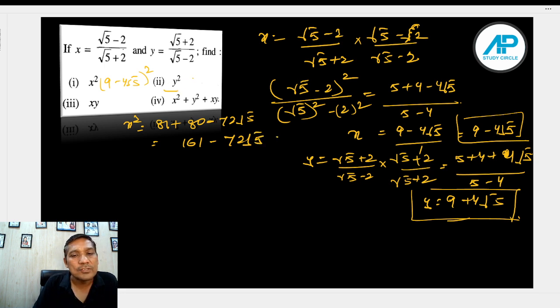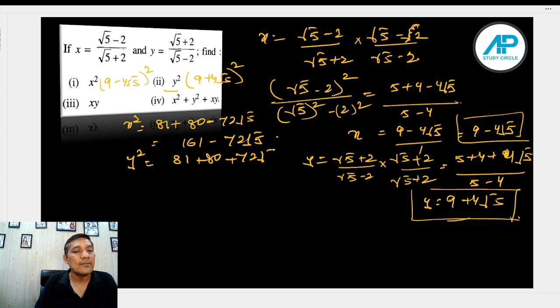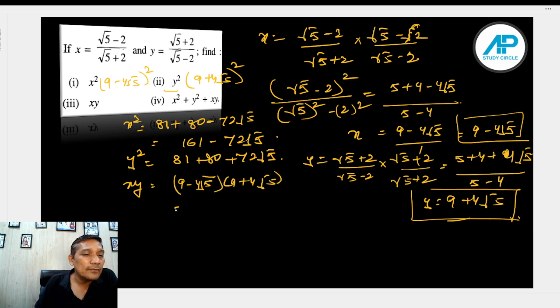Now y square has to be 9 plus 4 root 5 squared. So y square is 81 plus 80 plus 72 root 5. The value of x into y, so you have to multiply 9 minus 4 root 5 into 9 plus 4 root 5.